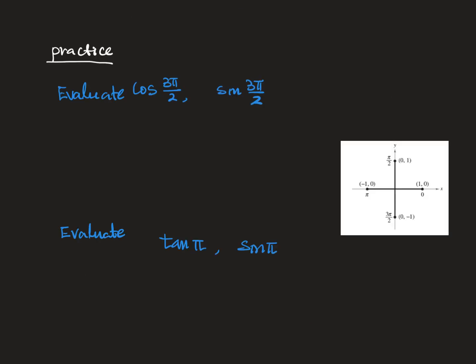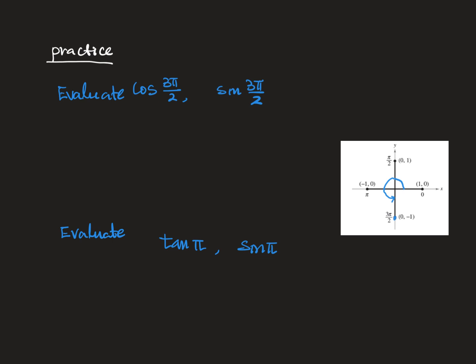Let's do one more practice question. This is a very special angle, 3 pi over 2. Here is the initial side, guys. 3 pi over 2 is, that's pi over 2, this is pi, and that's 3 pi over 2. You can pick any point on the y-axis right there.